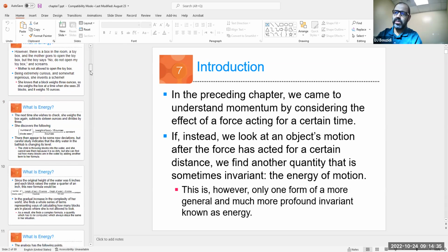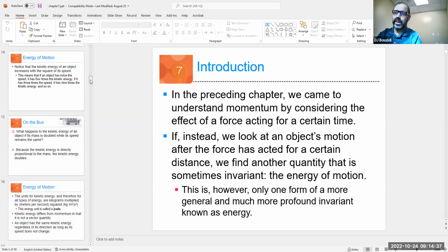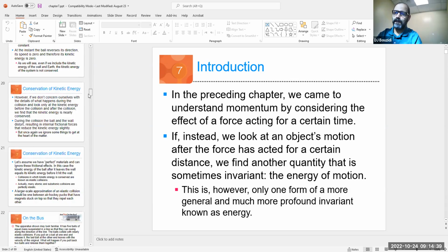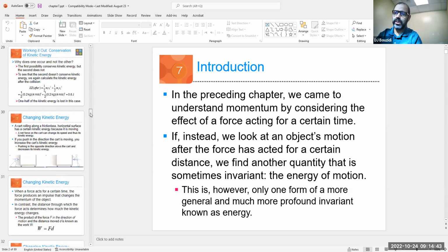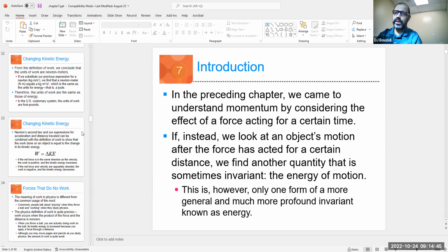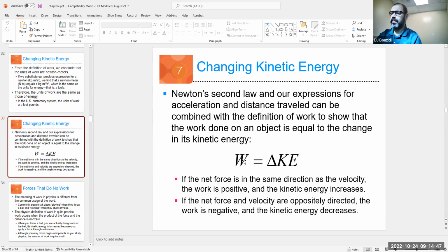I posted it for you in terms of concepts. It's in the notes, and actually in the book also. The book goes through it in detail. Here is the expression I'm looking for: W equals delta KE. This is the one that defines the kinetic energy as being 1/2 mass times velocity squared.